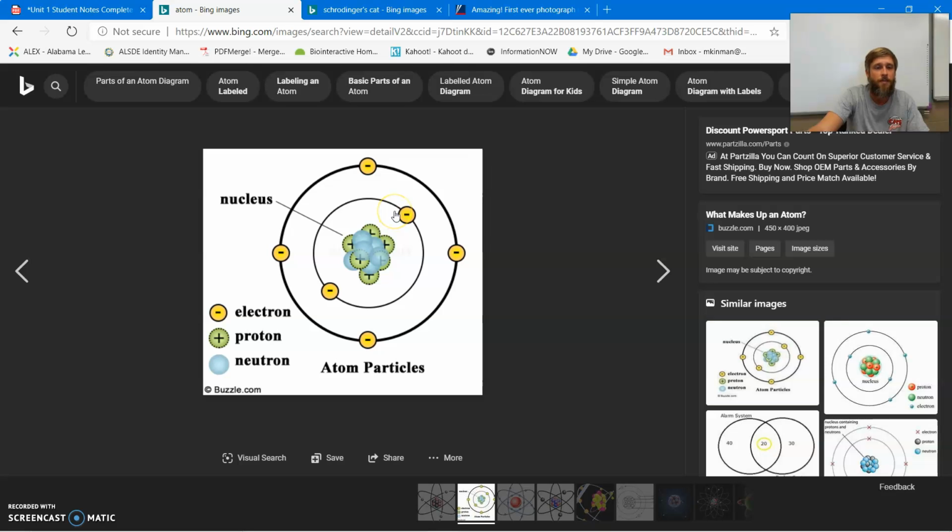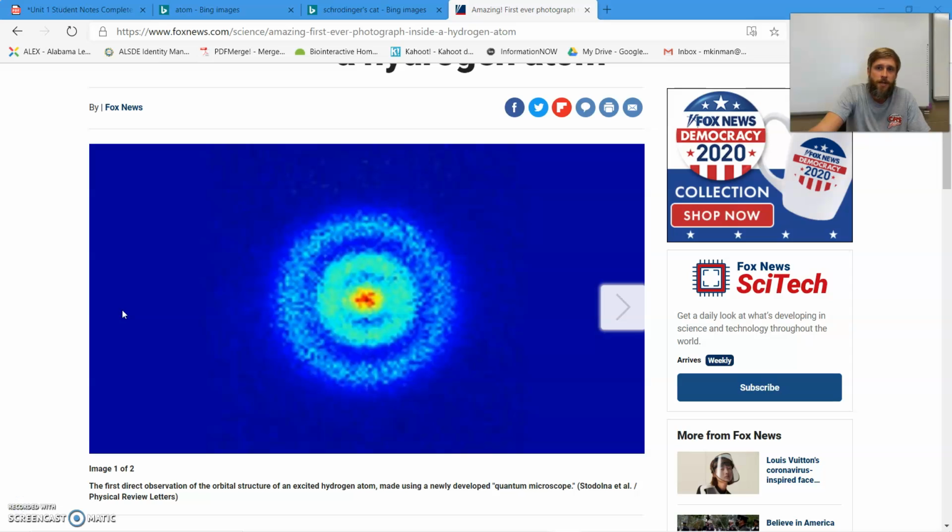But Schrödinger came up with the electron cloud model. And so here is an example of an actual image of a hydrogen atom. You've probably seen it before, but you'll notice in the middle here, this red-yellow region, this is your nucleus where your proton would exist, and all around the outside, all this light blue is where your electron will exist.